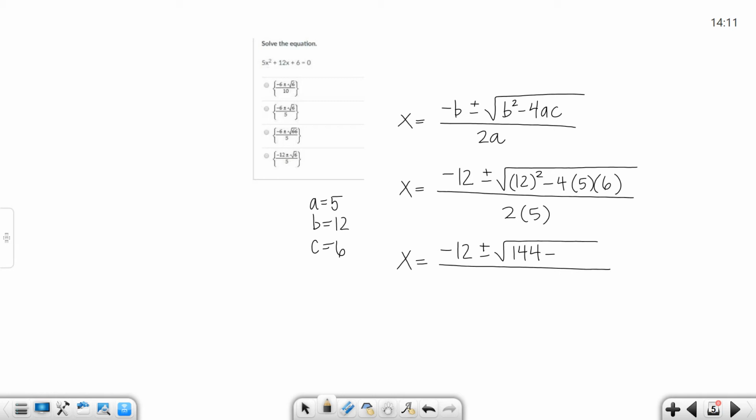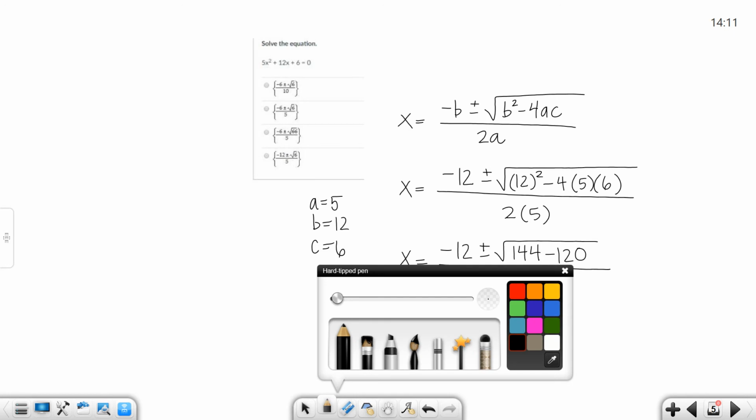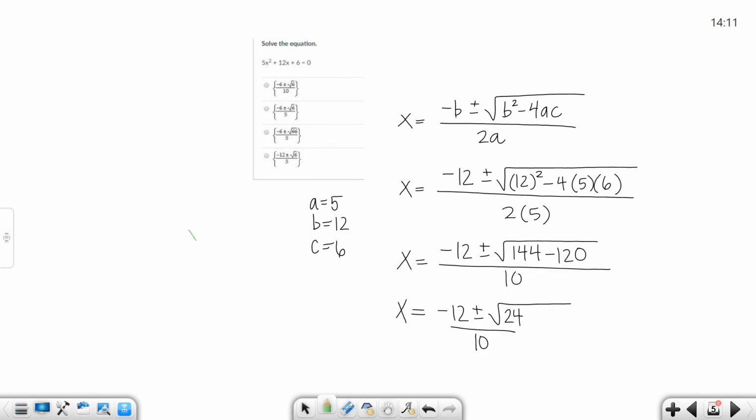Twelve squared is 144. 5 times 4 times 6 would be 120. 144 minus 120 would be 24. Now let's go to the side for a second. You have the square root of 24.